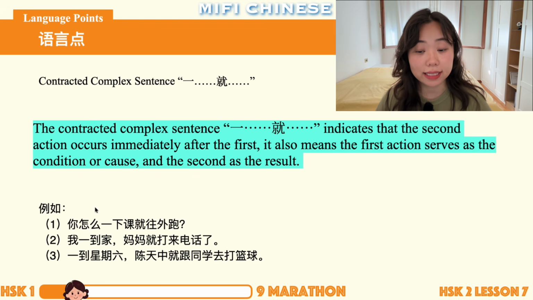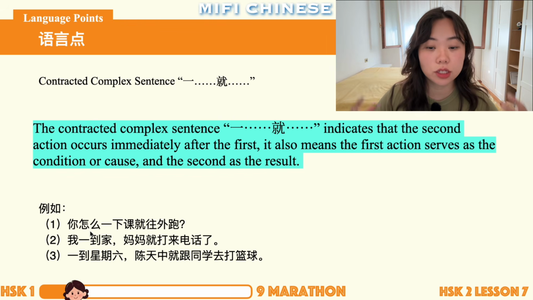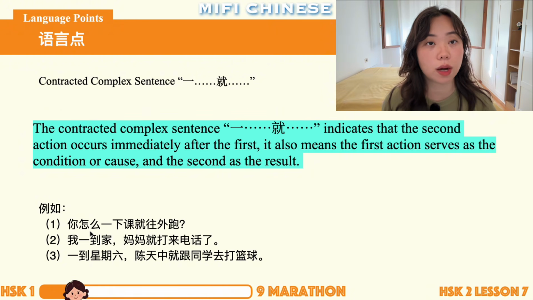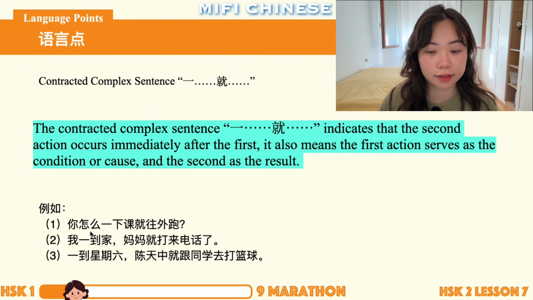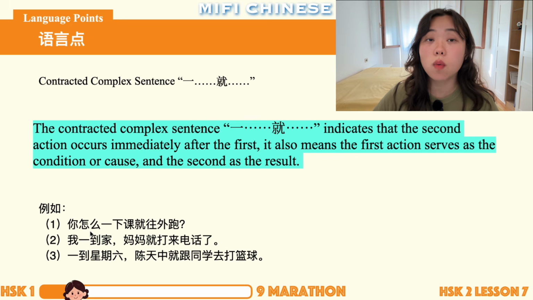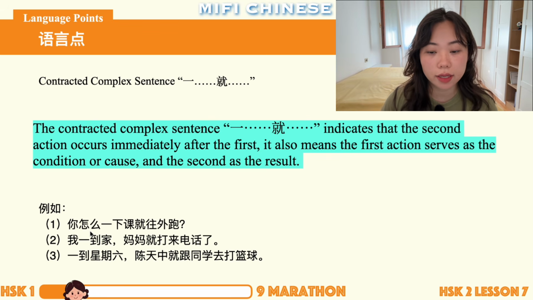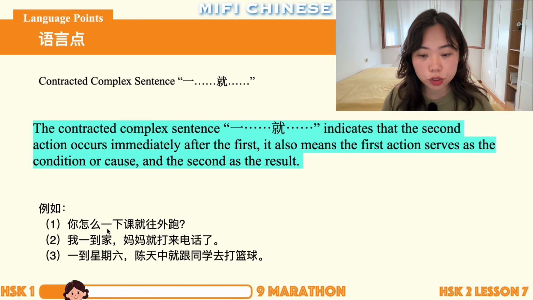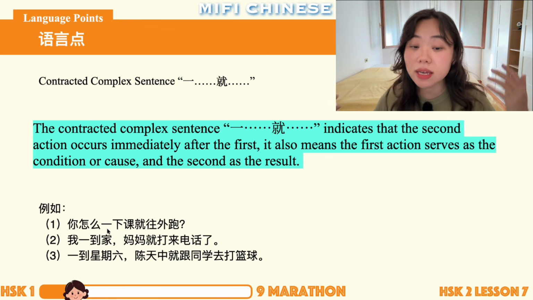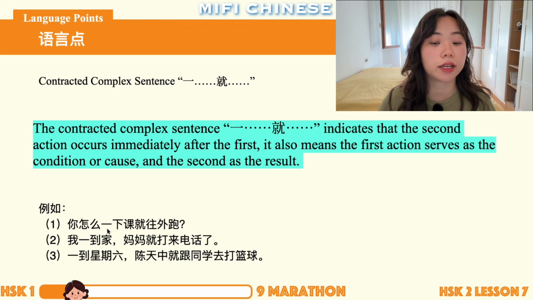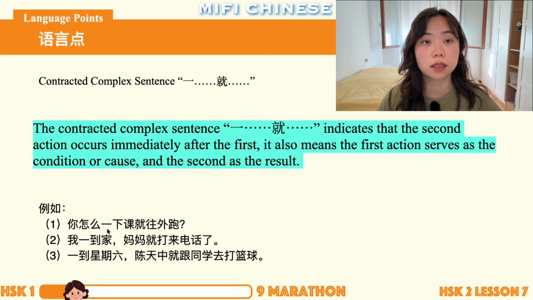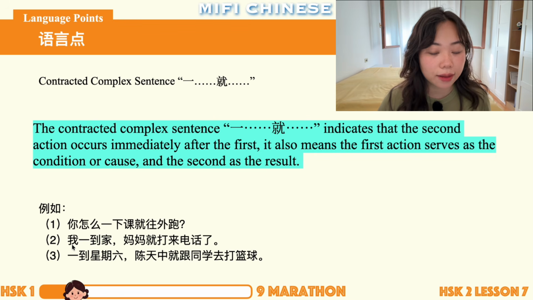So, for example, 你怎么一下课就往外跑？下课 is what? Finish the class, right? Class dismissed, finish the class. 往外跑, go outside, right? Or run outside. So here, it means, why would you run outside immediately after the class finishes? Right? So, 一下课就往外跑. Let's see one more. 我一到家，妈妈就打来电话了。打来电话 gave me a call.